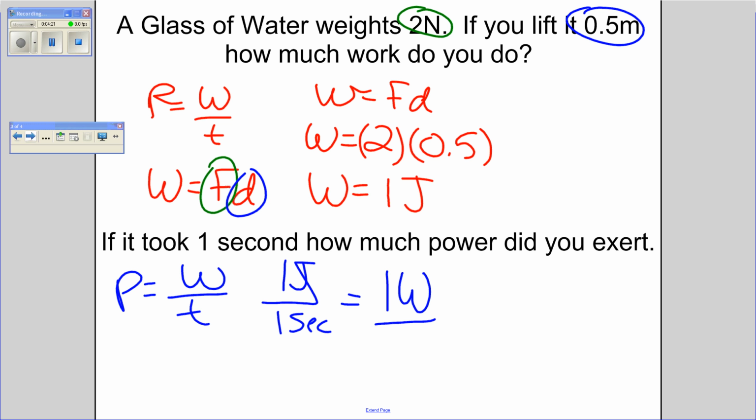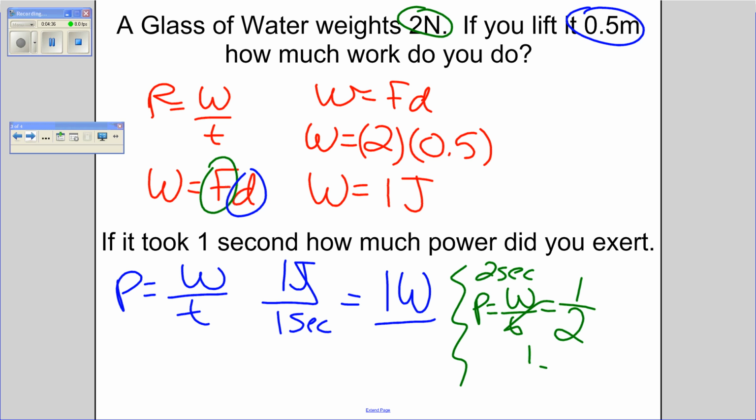Now, let's just say hypothetically it took you 2 seconds. Then power equals work divided by time, which would equal 1 divided by 2. So that would be half a watt of power. The longer it takes you to do something, the less power you have.